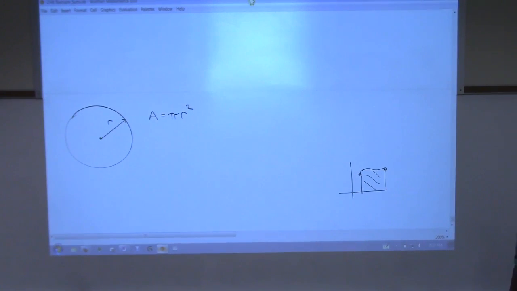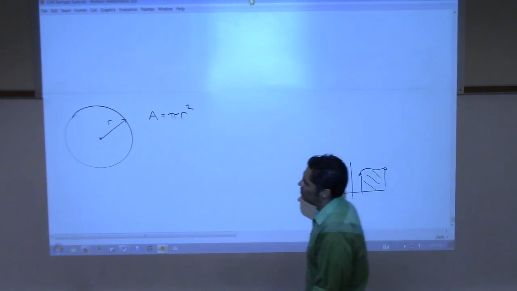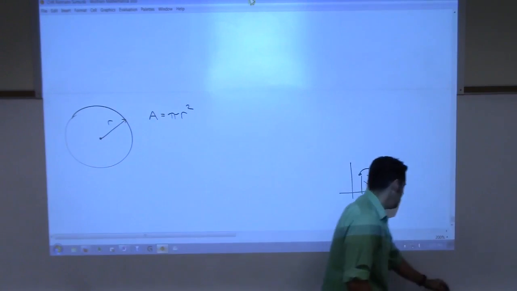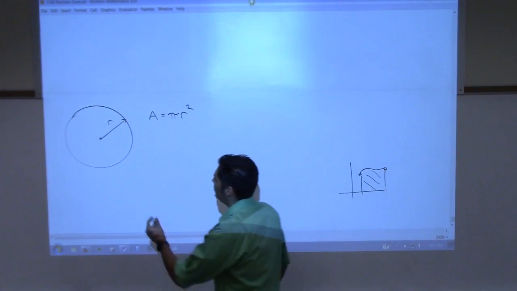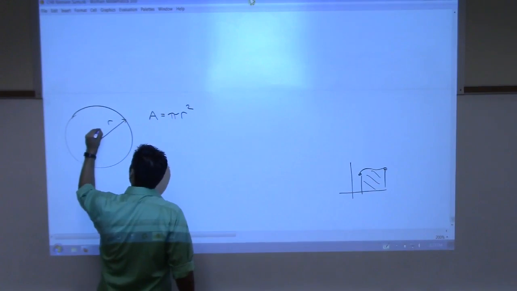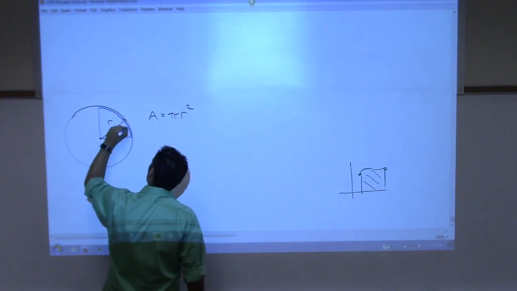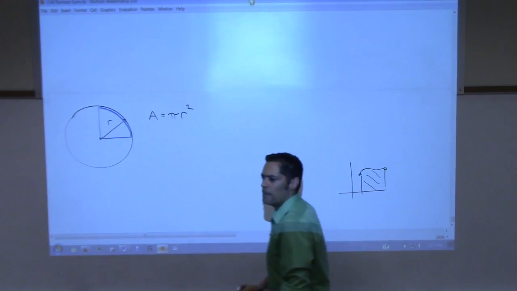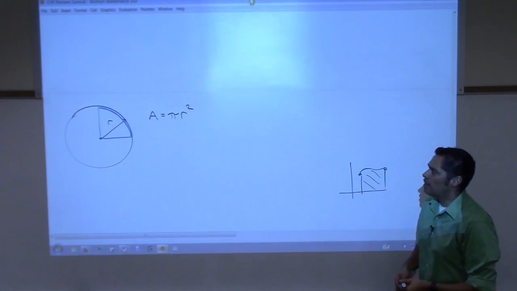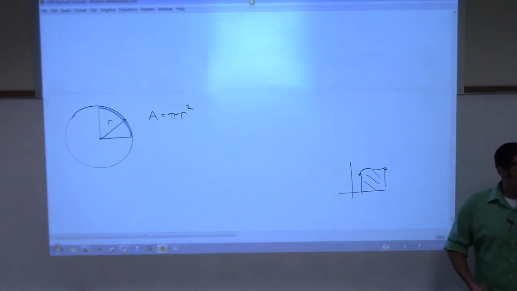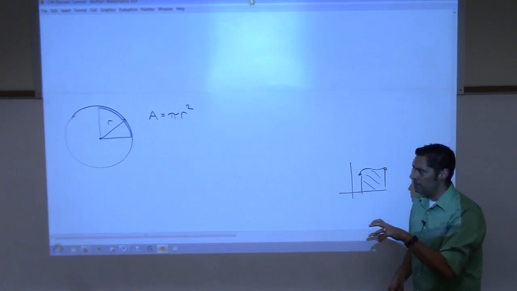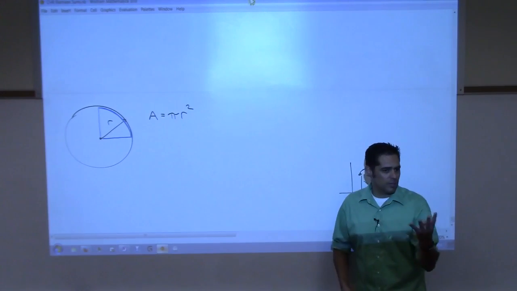Instead, what I could do to try and simplify it is how about we just focus our attention on perhaps one quadrant, just this arc right here. And maybe we can find the area in that little segment. And whatever that area is, because of symmetry, multiply the answer times 4.